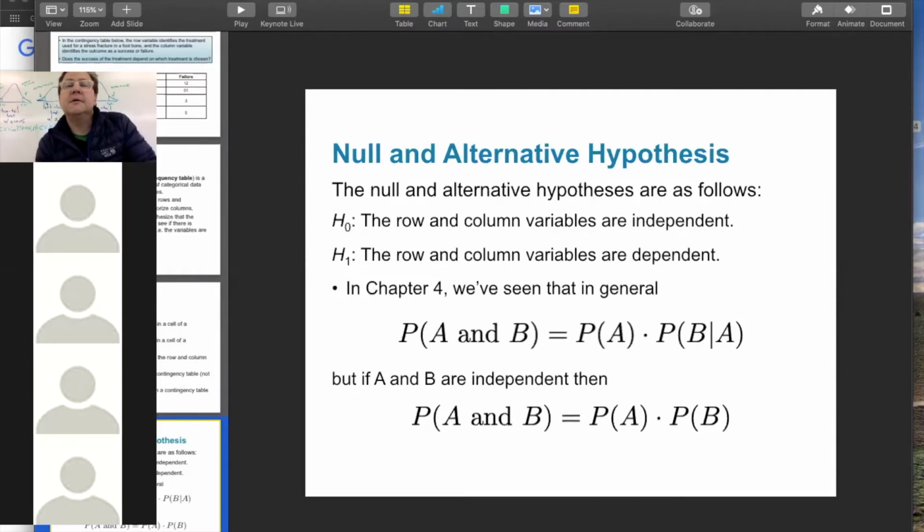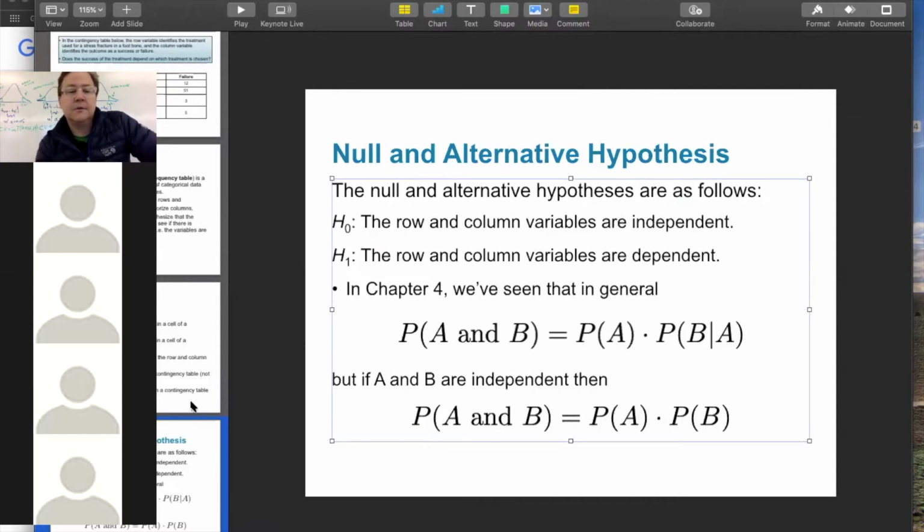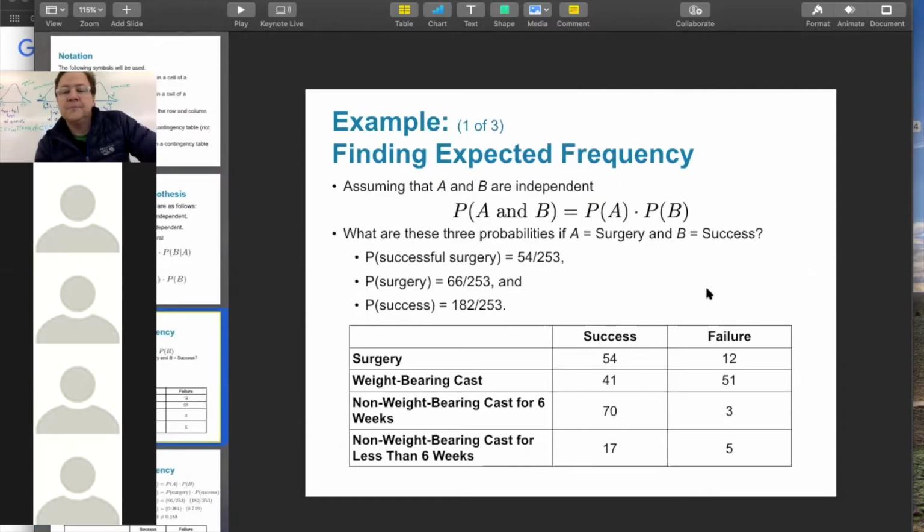But specifically when A and B are independent, you can safely say that the probability of A and B is the probability of A multiplied by the probability of B. So what in the world does this have to do with our example? Well, assuming that A and B are independent, that's the equation that we just saw.